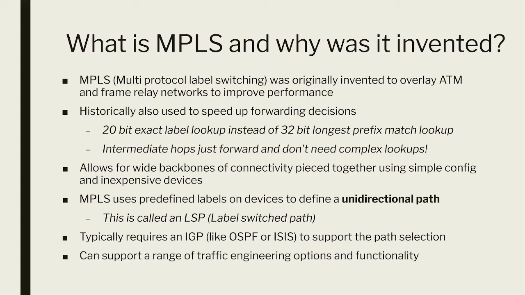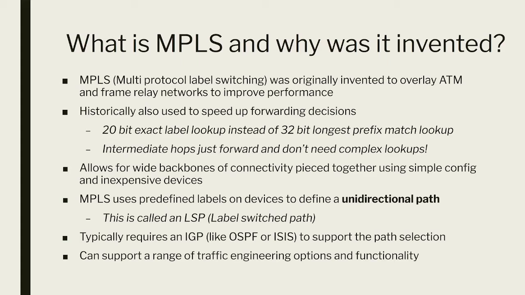Now, they are typically provisioned automatically using the likes of LDP or RSVP. However, you can also configure them manually. And so if you configure them manually, you don't need to worry about things like an IGP running across your MPLS domain.